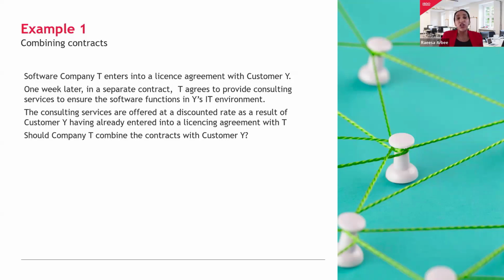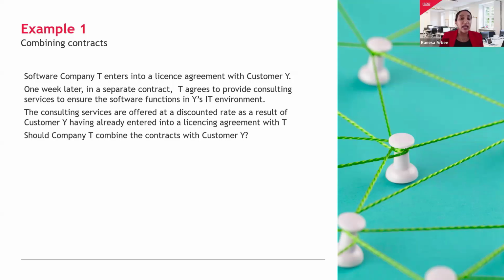Is the amount of consideration paid in one contract dependent on the price or performance of another? Or do the goods and services promised in the contracts, in effect, represent a single promise or a single performance obligation?